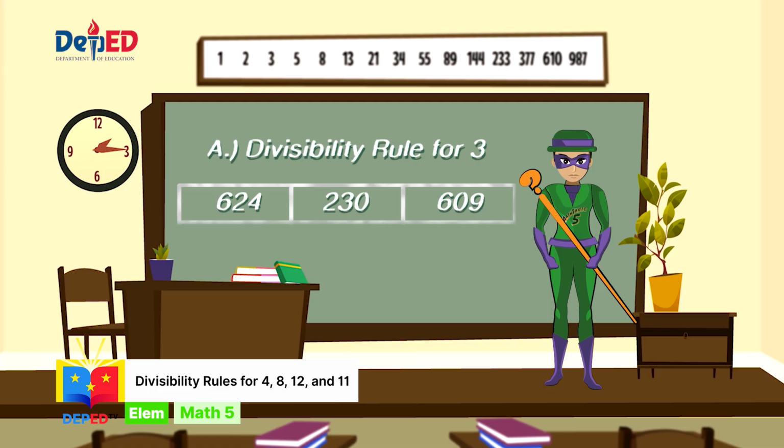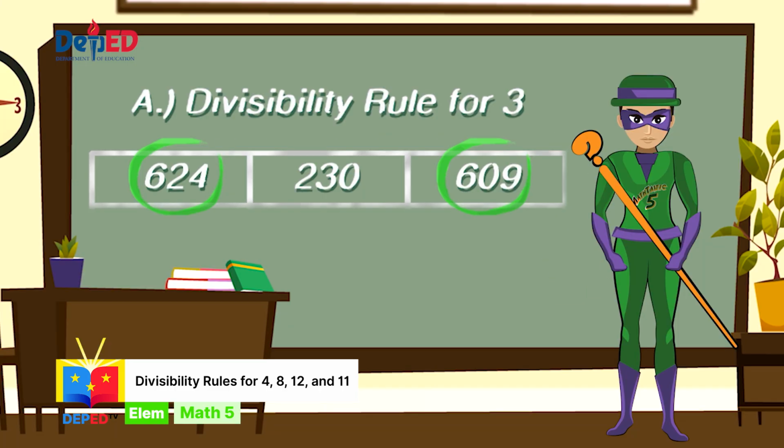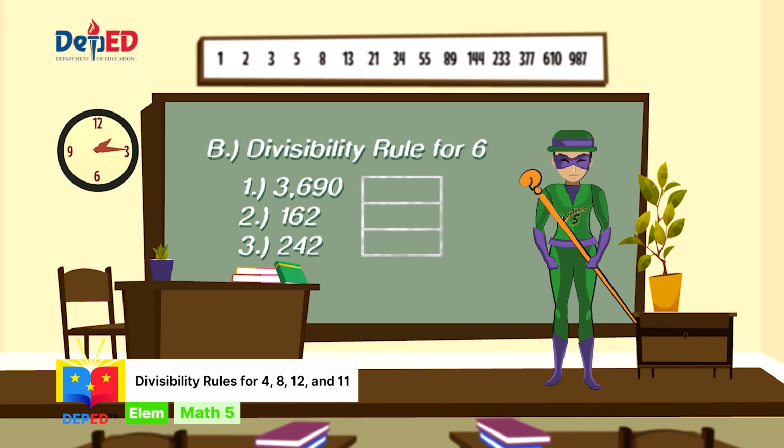You have 10 seconds to answer. Time's up! The answers are 624 and 609. Next, of the 3 numbers, what numbers can be divided by 6?